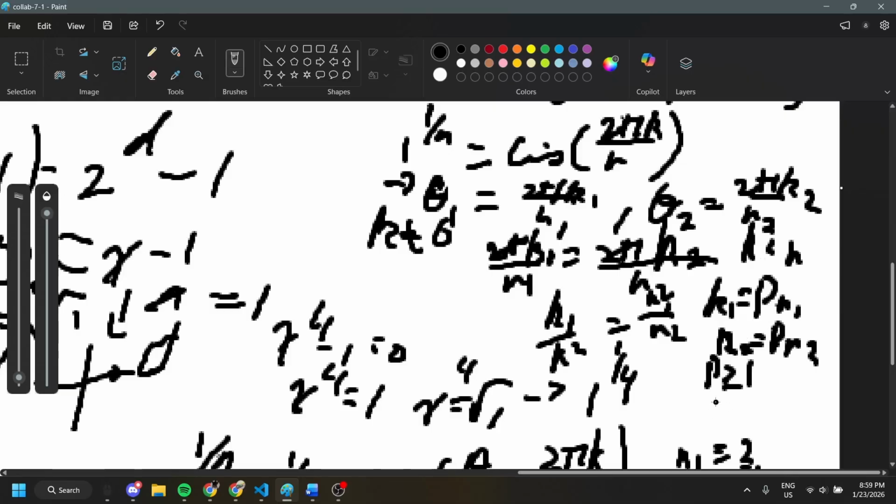So going with the easiest case, k1 is equal to n1, which is a contradiction because k has to be less than n. So this is not true.